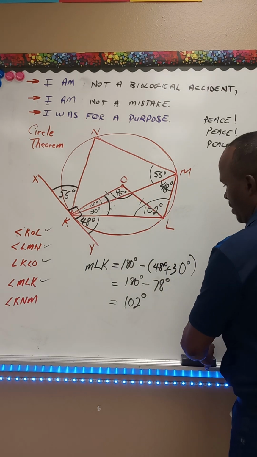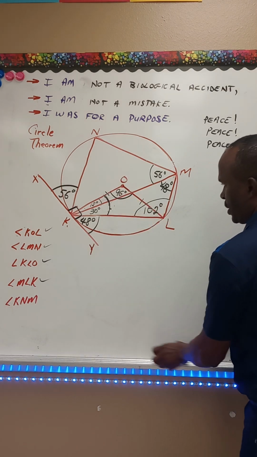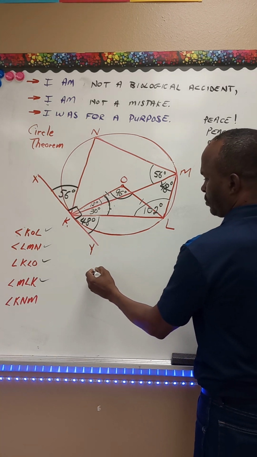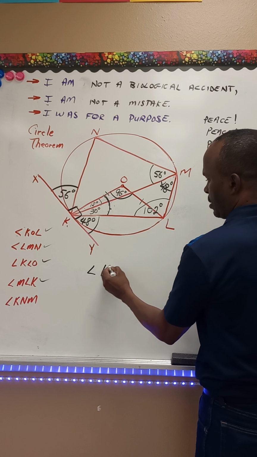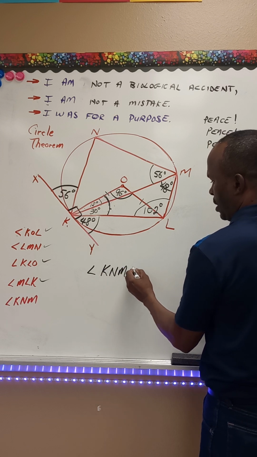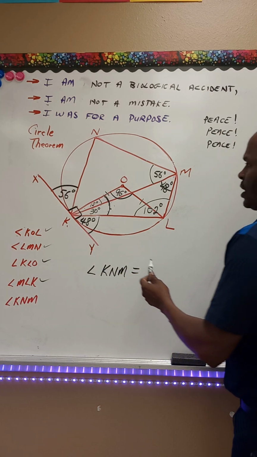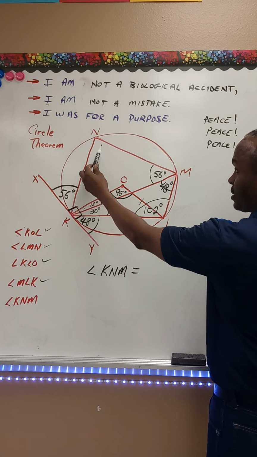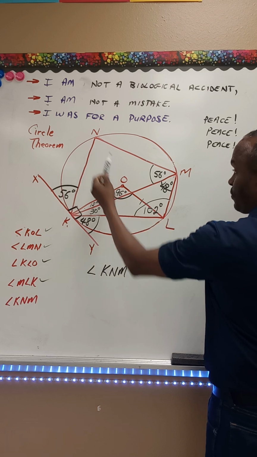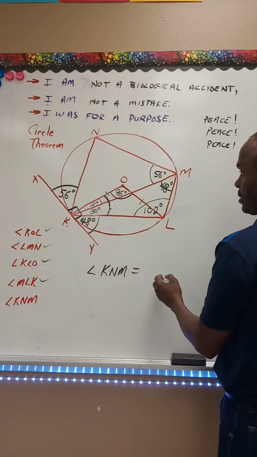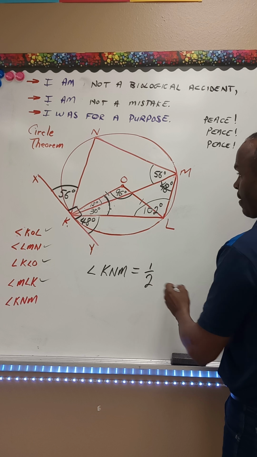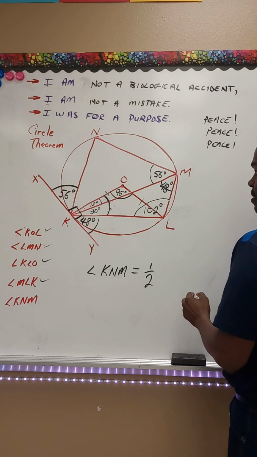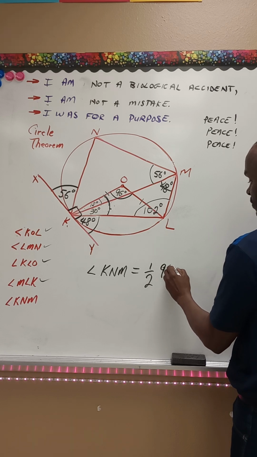So if I may erase this, angle KNM is going to be equal to half of 96, since the angle at the center is twice that on the circumference.